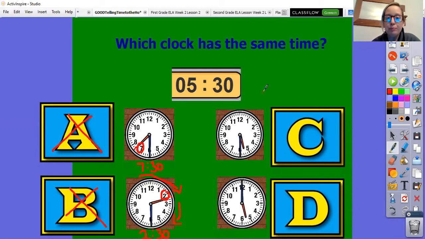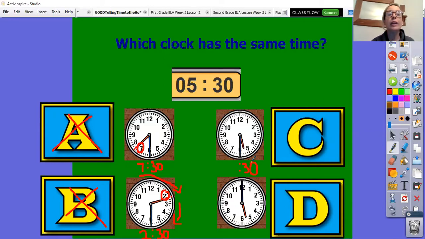It says, let's see, our long minute hand is pointing to the 6. If we counted by 5s, 5, 10, 15, 20, 25, 30, again, we're at the 30. It's something 30, right?